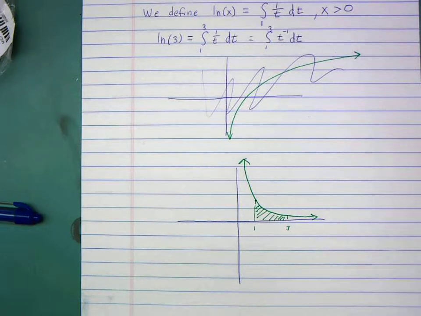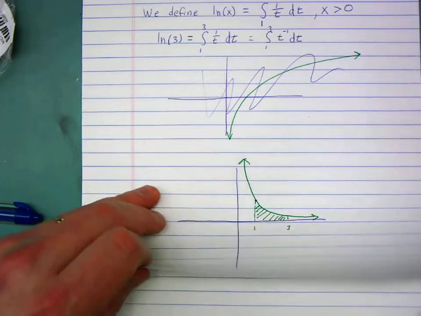It's an irrational number. So it's one of those decimals that goes forever, never repeats, never terminates. No pattern to it, really. All right, so that's our definition of ln. Then we're going to have a whole bunch of properties of natural log. Some of these I'll prove, some of them I won't.